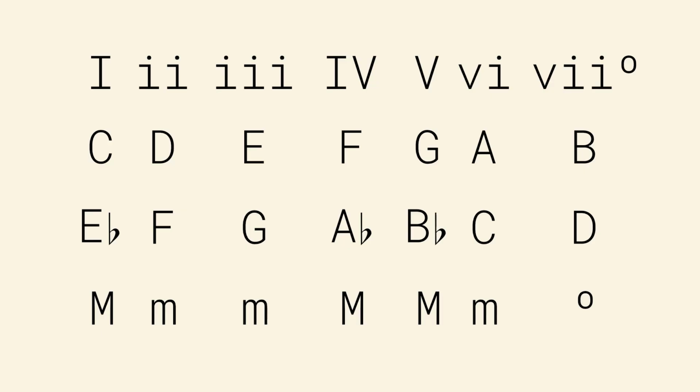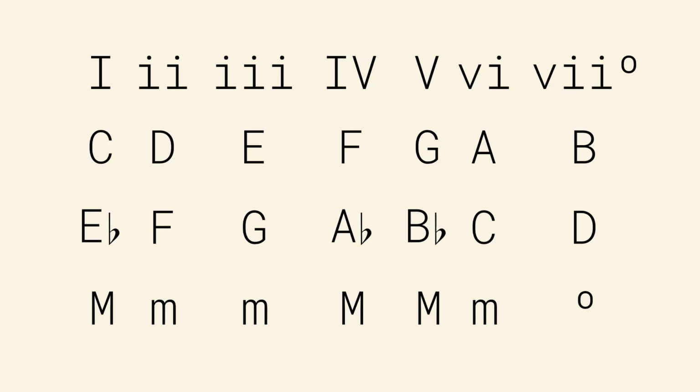In any major key, the 1, 4, and 5 are major chords, and the 2, 3, and 6 are minor chords. And the 7th, with the little circle above the lowercase 7, means diminished, because the 7th chord will be diminished.